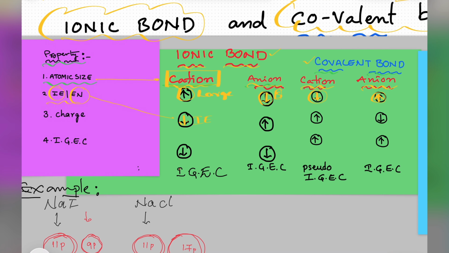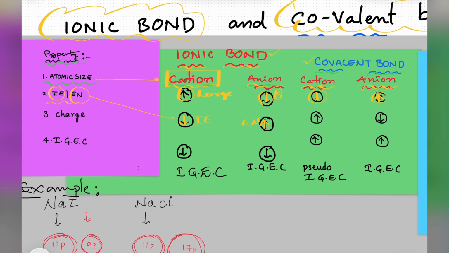Then for the anion, electronegativity should be high. This combination leads to the formation of ionic bond. Clear, students?